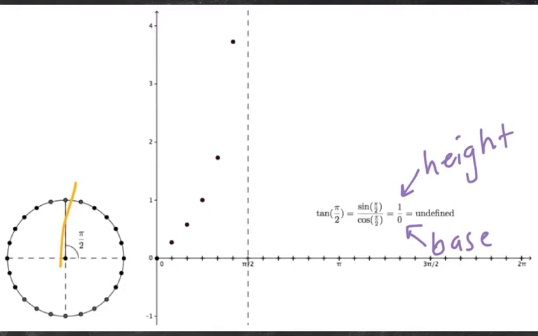So when I'm looking at this function, as my input goes closer and closer to pi over 2, my output is going to get bigger and bigger until it's pretty much infinity, or it is infinity. And then I'm going to get to an input of pi over 2, and suddenly I have no output. So we'll talk more about that when we talk about the domain and range.